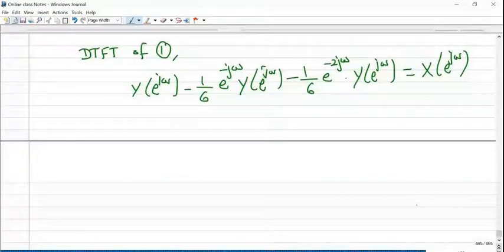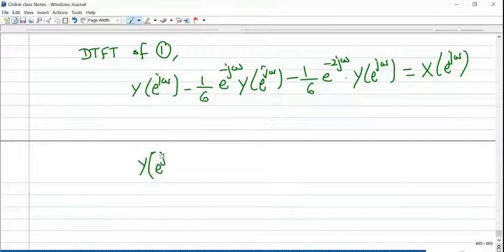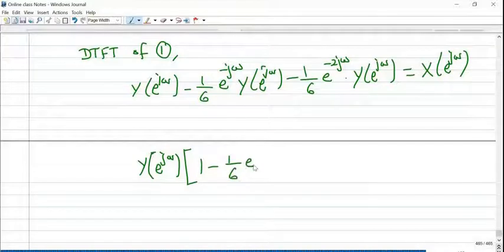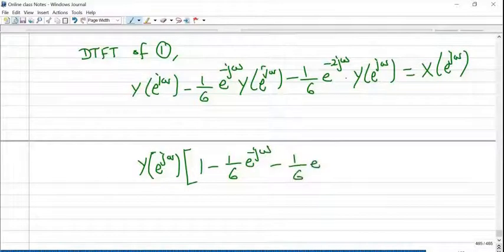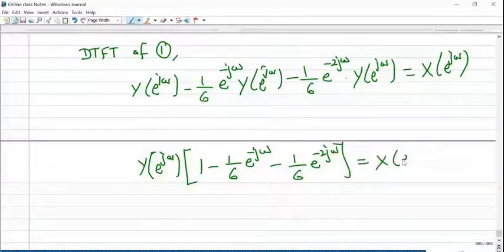So for the transfer function Y by X, take Y of e power j omega outside commonly: 1 minus 1 by 6 e power minus j omega minus 1 by 6 e power minus 2 j omega, equal to X of e power j omega.